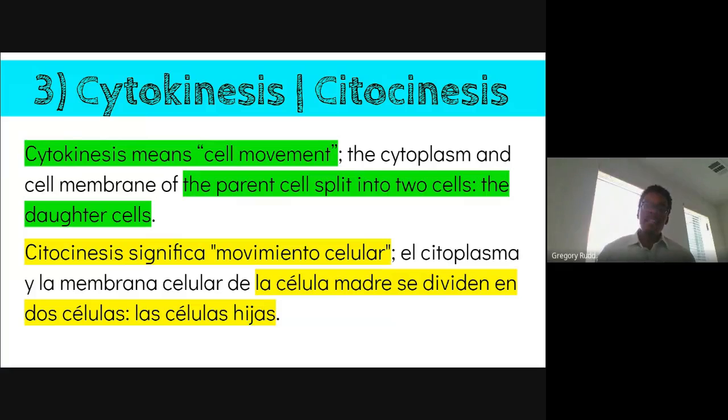And then lastly, after M phase, we have cytokinesis. Cytokinesis literally means cell movement. Cyto means cell, kinesis means movement. The cytoplasm and the cell membrane of the parent cell split into two cells, and we call those two cells the daughter cells.